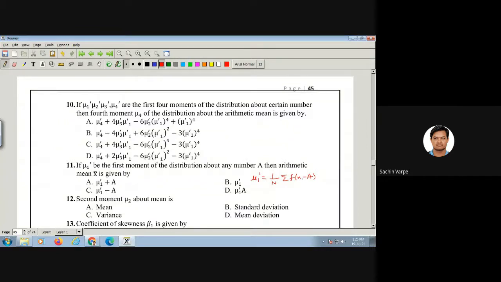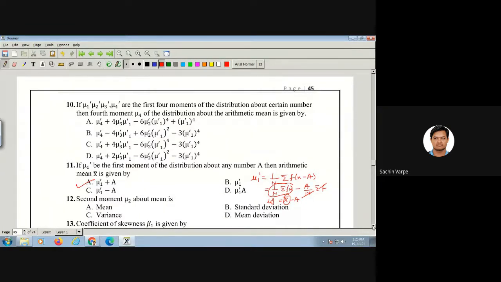So when I split the summation here, 1 upon n summation of fx minus a by n summation of f, and that is again n. This will get cancelled. This is actually x bar. So x bar minus a is mu1 dash. So we have been asked for x bar, so that will be mu1 dash plus a, right?